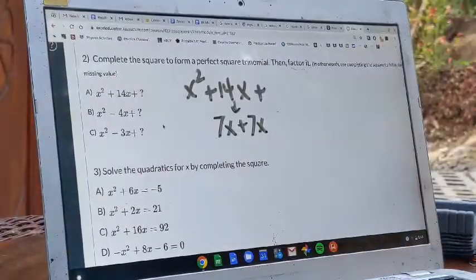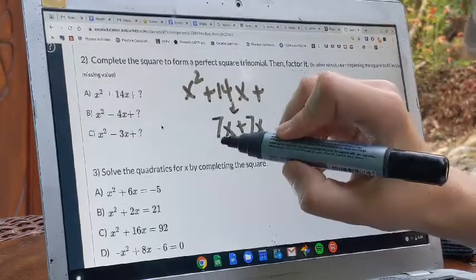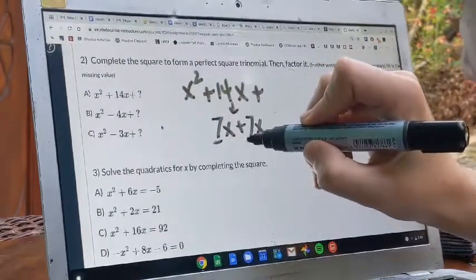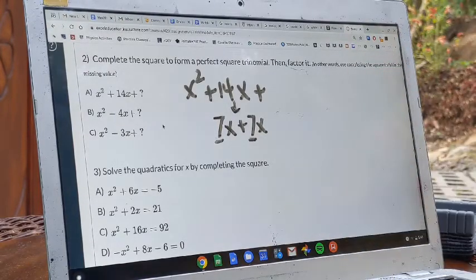When you distribute out the answer, you're going to get a 7x and a 7x, which comes to 14x as your middle term. Now, if we know it was a 7x and a 7x, we can notice these are the two terms we multiply by each other to get this perfect square trinomial. I know this is a little confusing, but just stick with me.